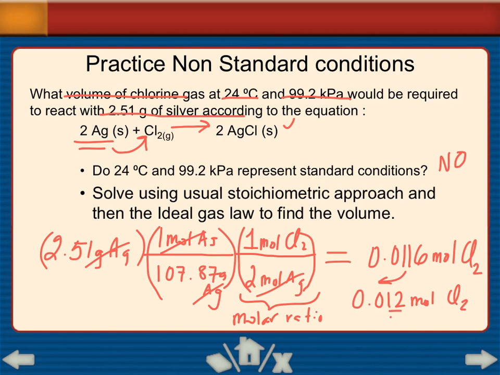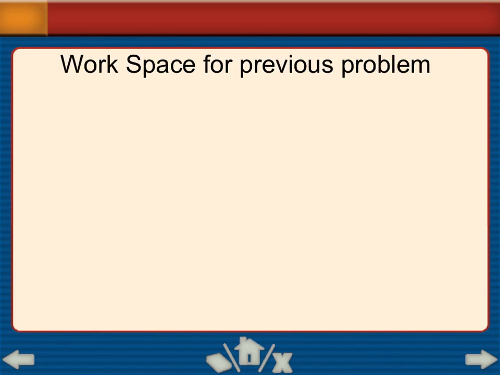Actually, this is 2 sig figs, so we probably want to carry forth using the 0.0116 moles of chlorine. And that will correspond to n in the ideal gas law. All right, so actually in my calculations I've worked out n is going to be 0.012. Probably could have carried the extra decimal place.